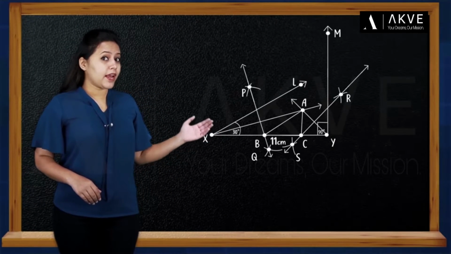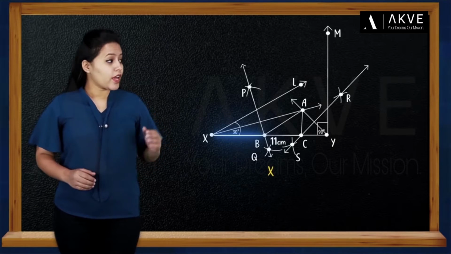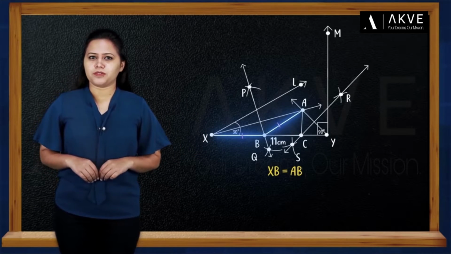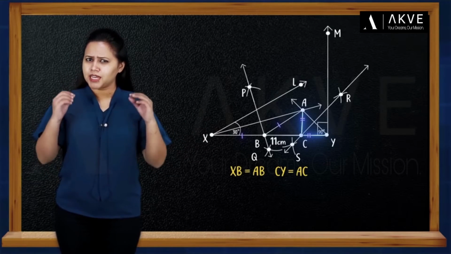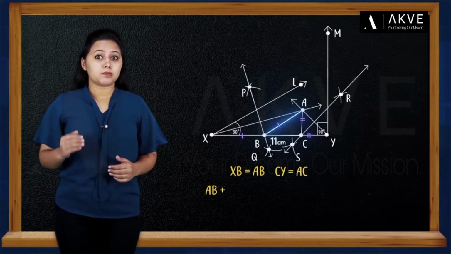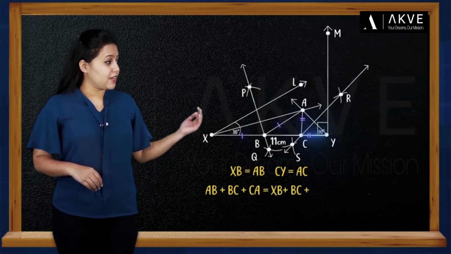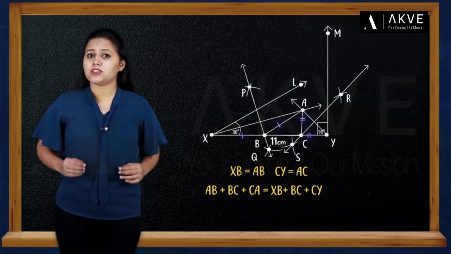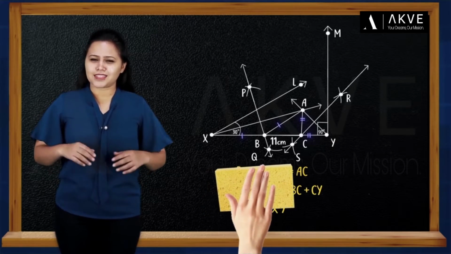Observe that B lies on the perpendicular bisector of AX. Therefore, XB is equal to AB. Similarly, CY is equal to AC. This means AB plus BC plus CA now becomes XB plus BC plus CY, which is simply XY. And this is exactly what we have drawn as the base.